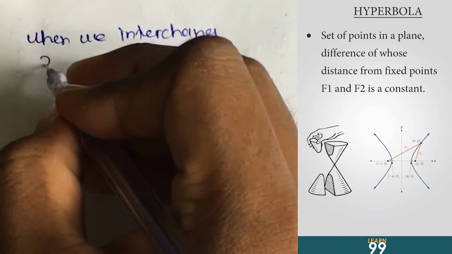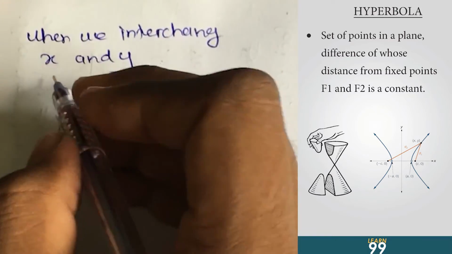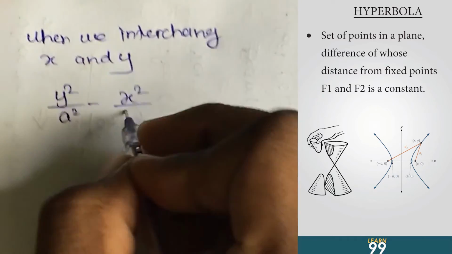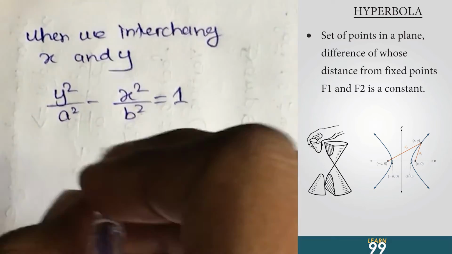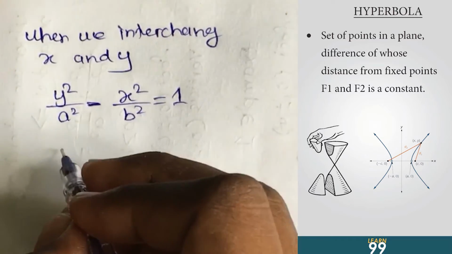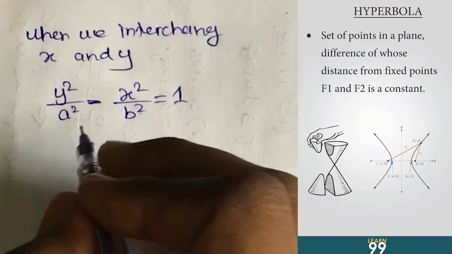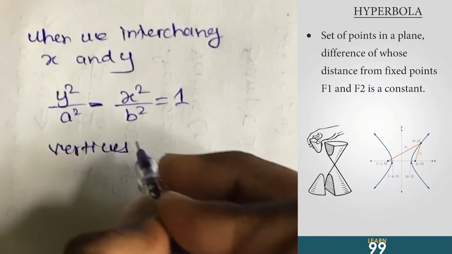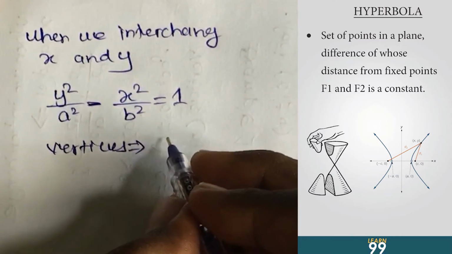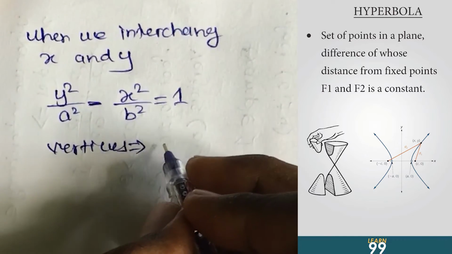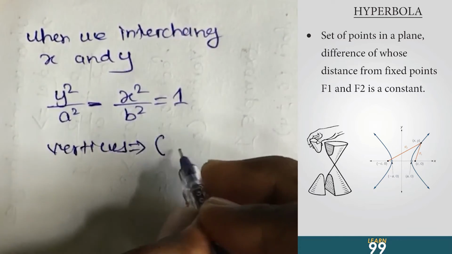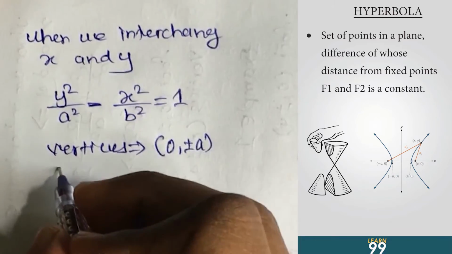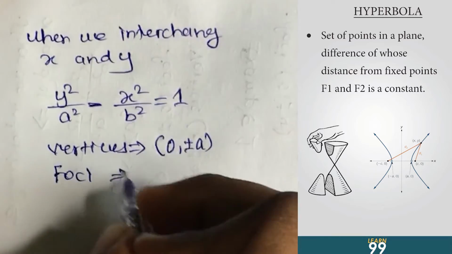When we interchange x and y, we will get y squared over a squared minus x squared over b squared equal 1. Where we know which axis has the bigger value, where b is always big. So vertices are at 0 comma plus or minus a, not plus or minus a comma 0.